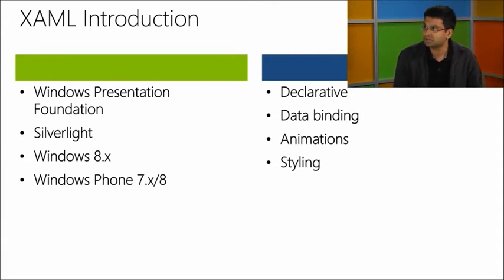You can style your controls. But the beauty of the entire thing is you can build an app by using declarative UI and then writing some code that ties together different UI constructs. So it's a really powerful declarative way of creating user interfaces, and you can build apps for Windows, Windows Phone, Windows Store, Silverlight, and so on and so forth.